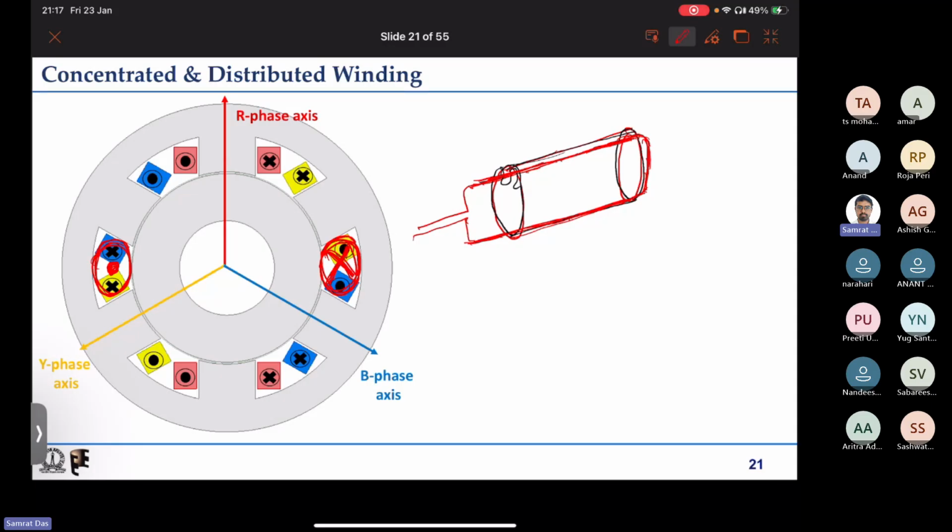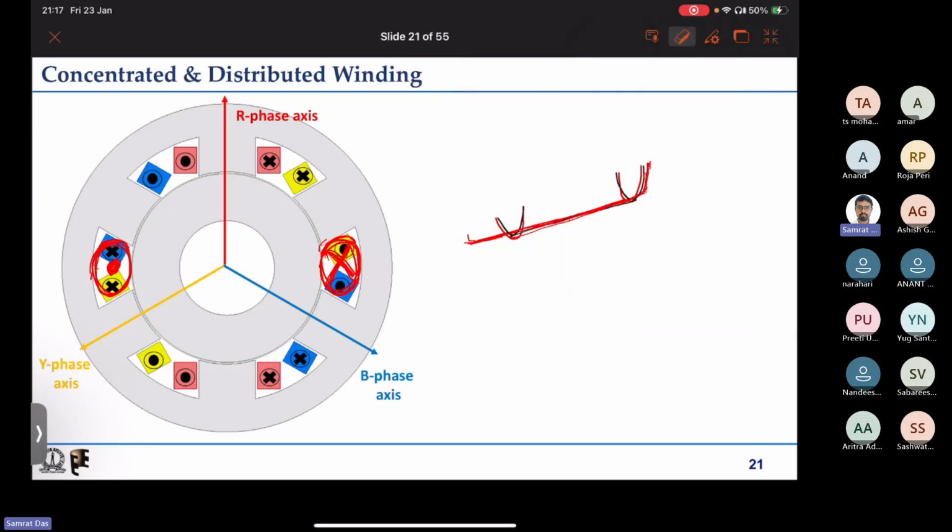So this is what I mean when I put a dot on one side and a cross on the diametrically opposite side. So you can see that we still have the same R phase axis. The R phase axis is perpendicular to the two coil sides.